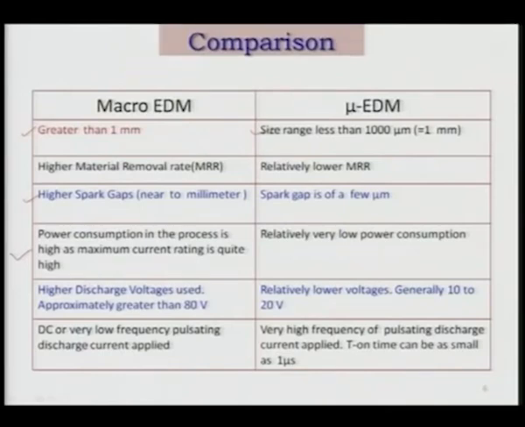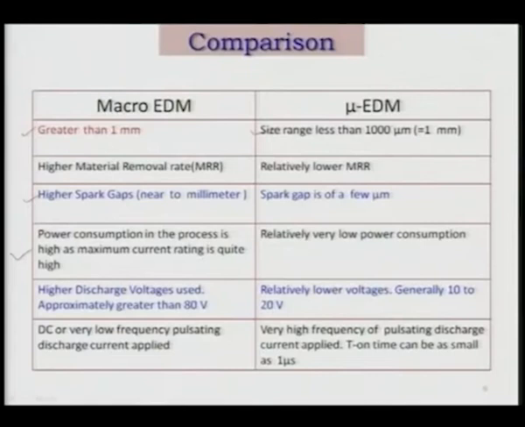So, one thing should be very clear: the size of the spark in micro EDM is going to be much smaller than the size of the spark in macro EDM. In other words, the crater size that you are going to obtain in micro EDM is again going to be much smaller than in macro EDM, because the energy per spark is much smaller in micro EDM as compared to macro EDM, and that simply means that you can get much better accuracy in micro EDM as compared to macro EDM.